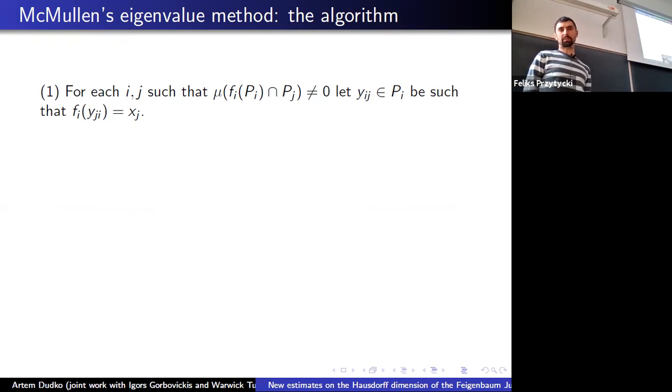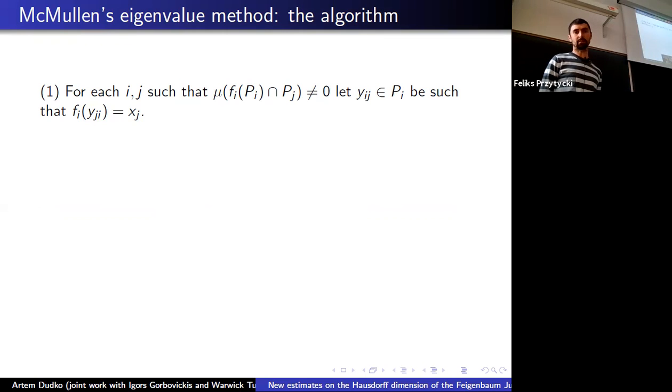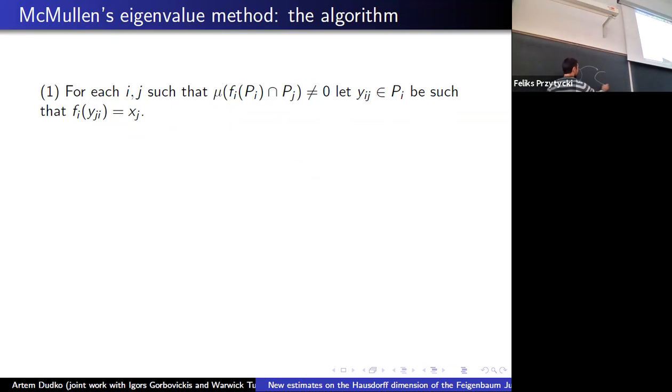The algorithm goes as follows. If we have two pieces Pi and Pj, such that the image of Pi intersects Pj non-trivially, then we can find a point y inside Pi, which is mapped to xj. Let me just write some simple-minded picture.